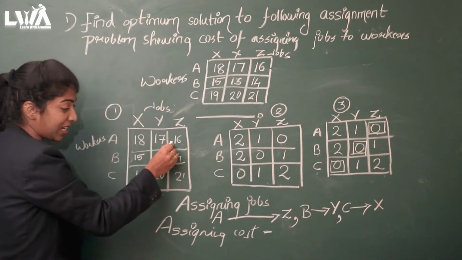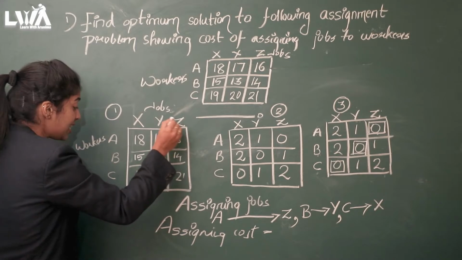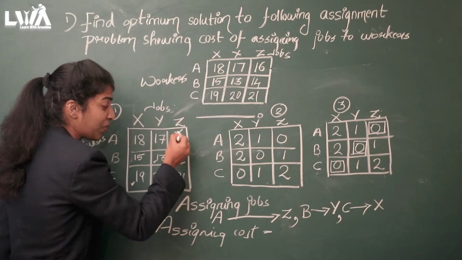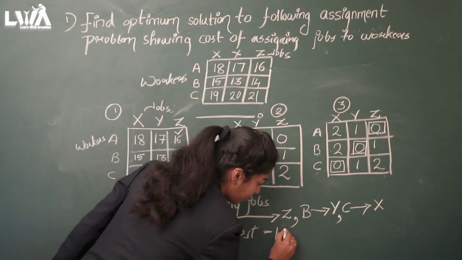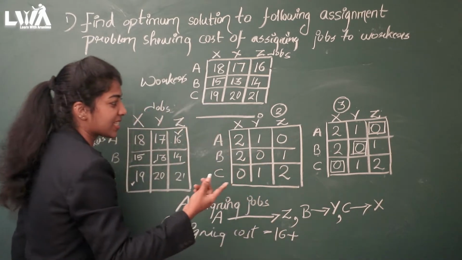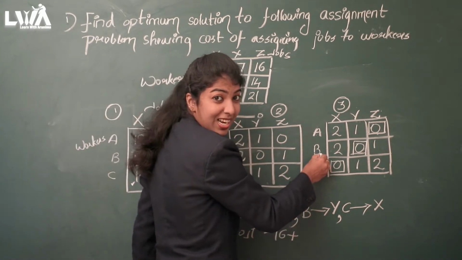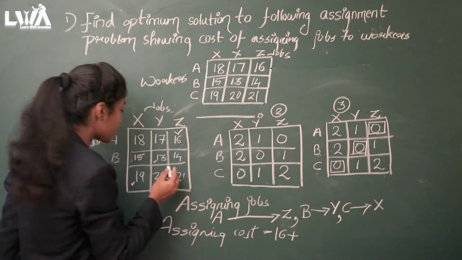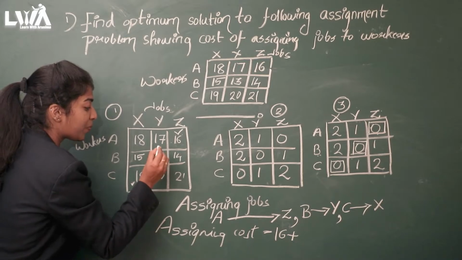In the first matrix, column Z and row A, what is there? 16. So 16 plus, next, B worker is doing the job Y, right? In that corresponding column, what is the value?